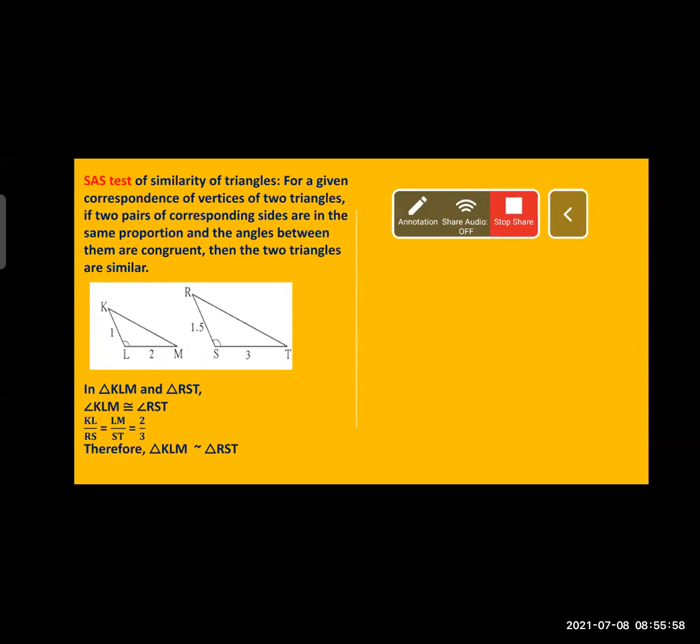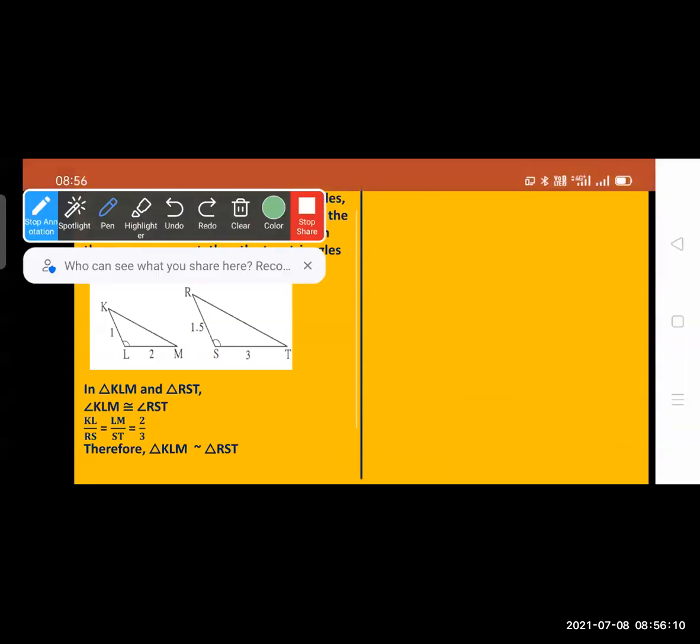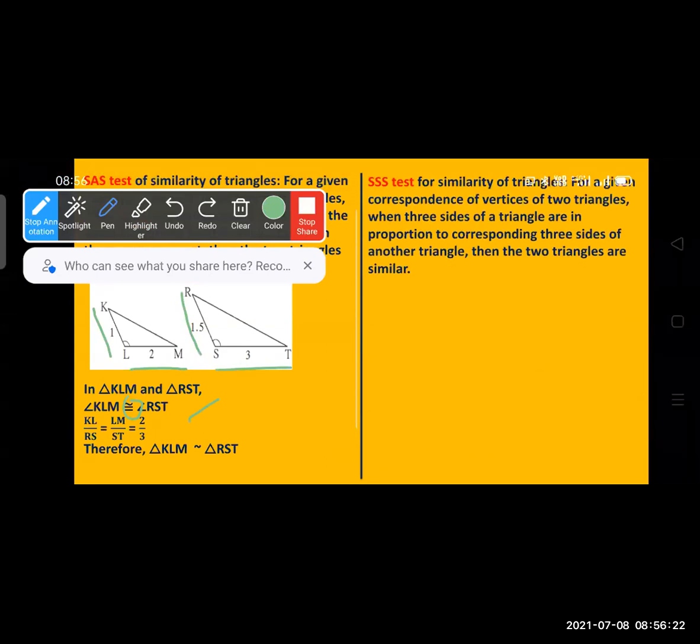So we write, in triangle KLM and triangle RST, angle KLM is congruent to angle RST, the first condition, and the ratios of their corresponding sides, KL by RS is equal to LM by ST, that is 2 by 3.